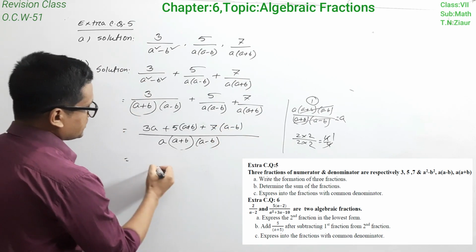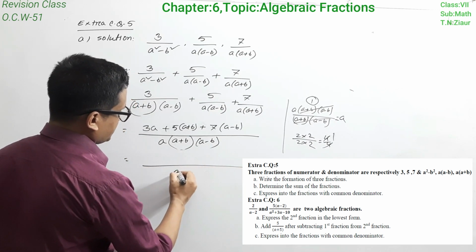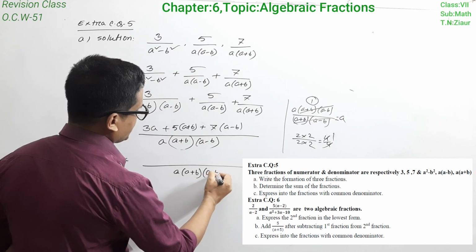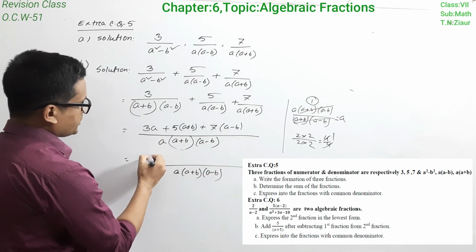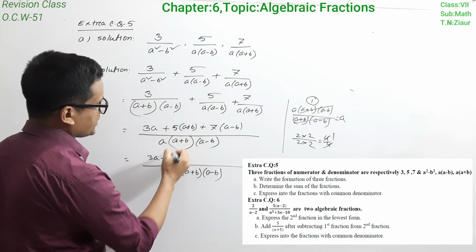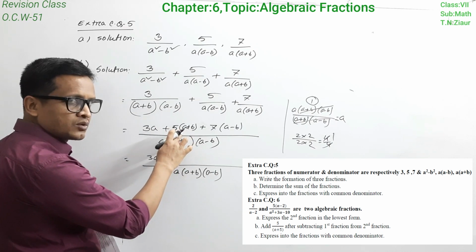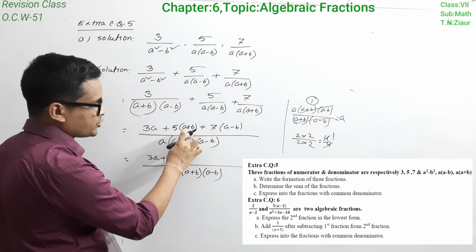Okay students, write this again: a into a plus b into a minus b. So now it will be 3a plus 5 times the bracket. This one is the opening bracket, this one is the closing bracket.